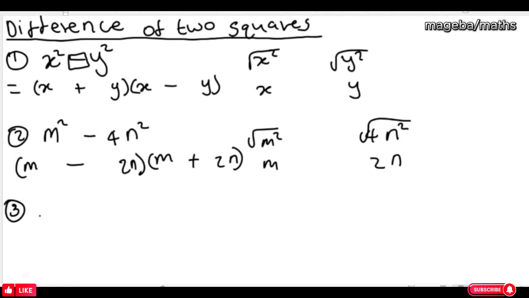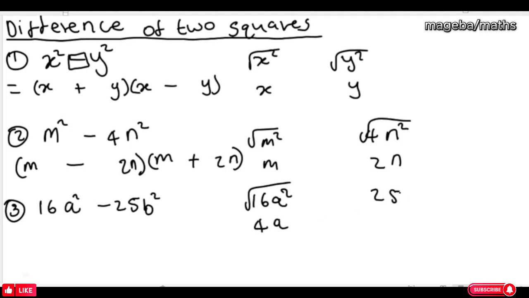It's up to you which one you choose to put the plus and the negative sign. And then another example here, we have 16a squared minus 25b squared. We must find the square root of 16a squared, which is going to give us 4a. And then coming here, we have 25b squared. We must find the square root of 25b squared. Square root of 25 is 5. Square root of b squared, it's b.